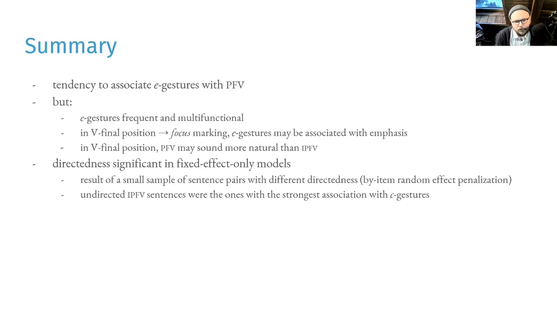Also, undirected imperfective sentences were the ones that have the strongest association with the continuous types. So it's one of the challenges for future research to look more closely at directedness.